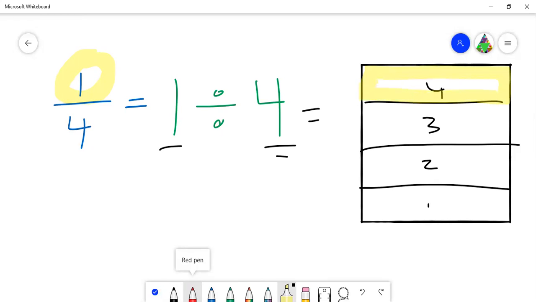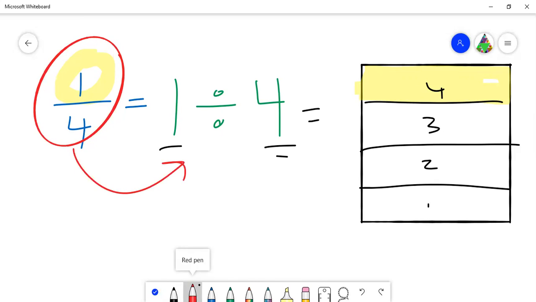I'll pick this one right here and shade it in, and here's 1 out of 4. So 1 out of 4 can look like 1 divided by 4, which turns into one model cut into 4 pieces with one of them shaded. And we can continue to look at all of this.